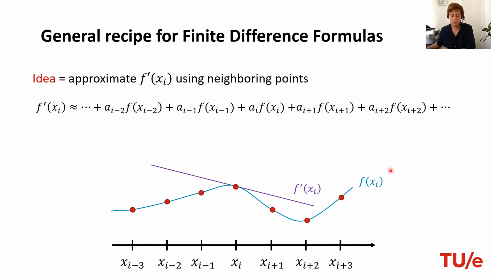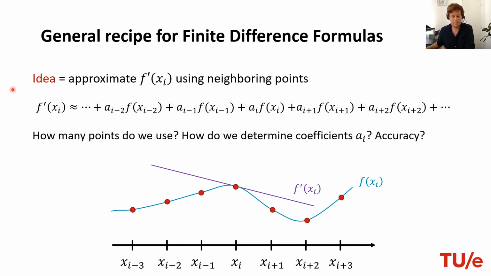And so here you can see how this looks schematically. So we want to approximate the derivative here at x sub i, which corresponds to the slope of this purple line over here, by using a weighted sum with these coefficients a sub i minus 2, a sub i minus 1, etc., such that we can approximate this slope, this derivative over here.